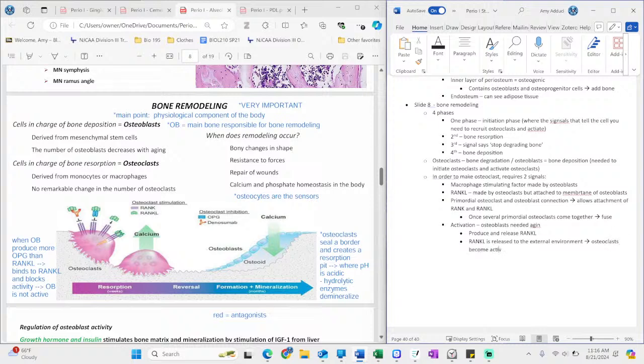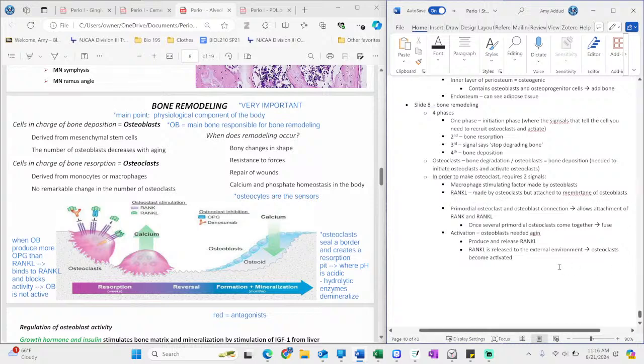And if you remember, the first thing that needs to happen to degrade mineralized tissue, being bone or cementum, is to eliminate the mineral. If the mineral is not eliminated, the proteases can't reach the proteins in the matrix. So how do we demineralize tissue? By submerging bones in acid.